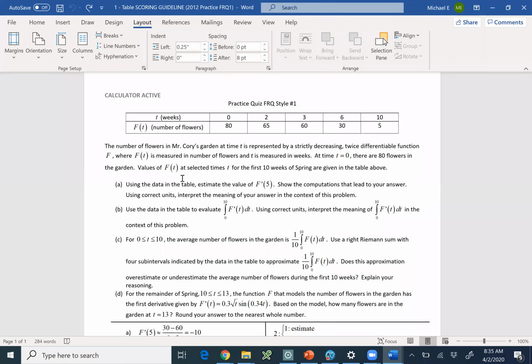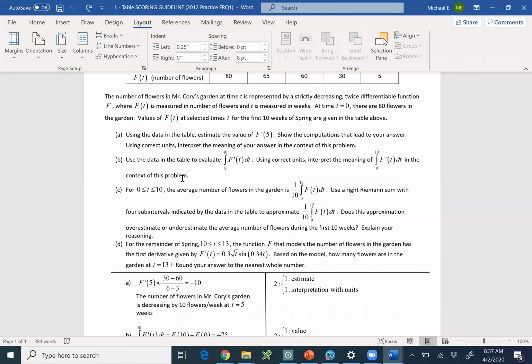Okay, so I'm gonna go through this kind of quickly, since you guys have already had the time to do it. I did write this question. Originally there was a mistake in part D. I'm sorry about that.